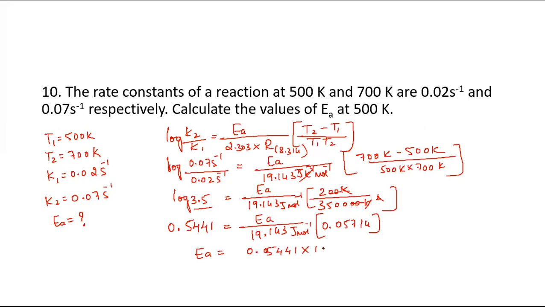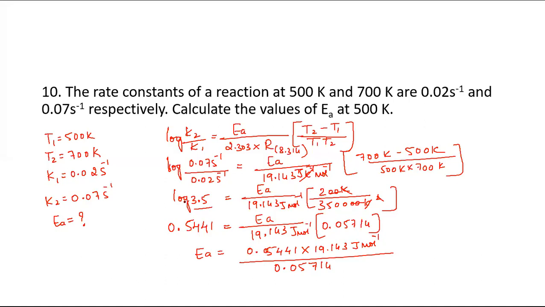0.5441 into 19.143 joule per mole divided by 0.05714. Okay, let us check this now. 0.5441 into 19.143 divided by 0.05714.